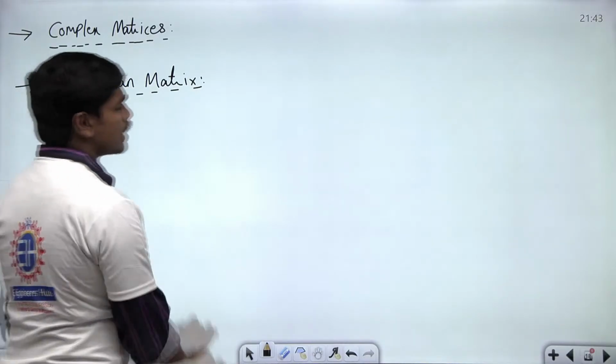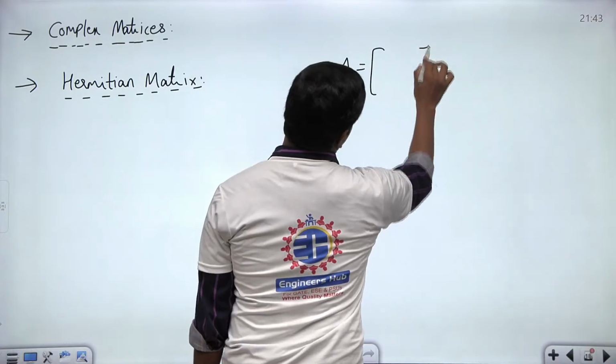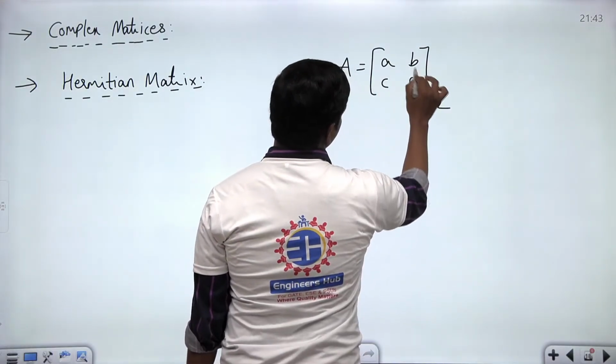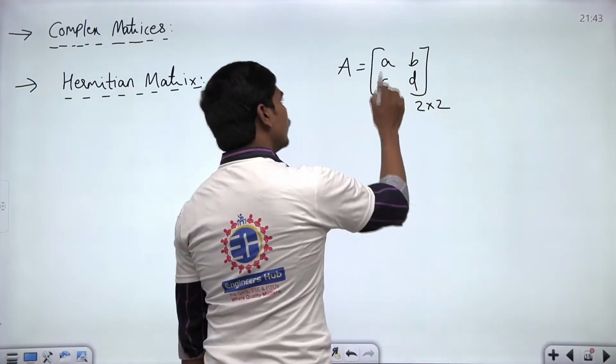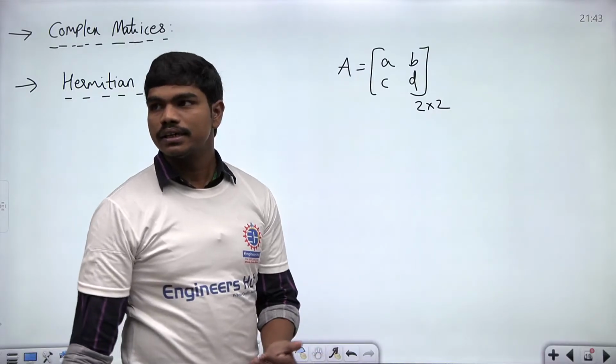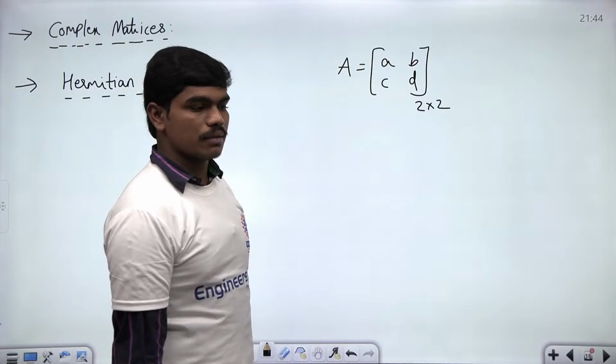So in a Hermitian matrix, look, normally whenever you are talking about any particular matrix, let us suppose a simple case of 2 by 2, A, B, C, D, then it need not be possible that all of these terms A, B, C, D are real numbers, correct? Sometimes there is a chance that one of them or maybe all of them can be complex numbers, correct?